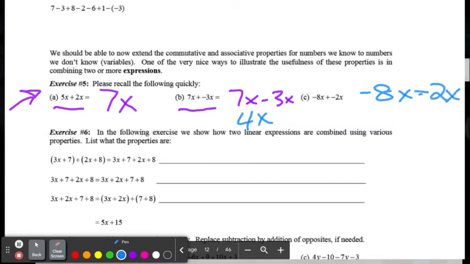When you're combining these terms, negative 8x and a minus 2x, if the signs match, keep the negative and just add them up. So you get negative 10x. And if that's confusing, tomorrow, hopefully, we can use one of the school computers and I can show you how you type that in on a graphing calculator.